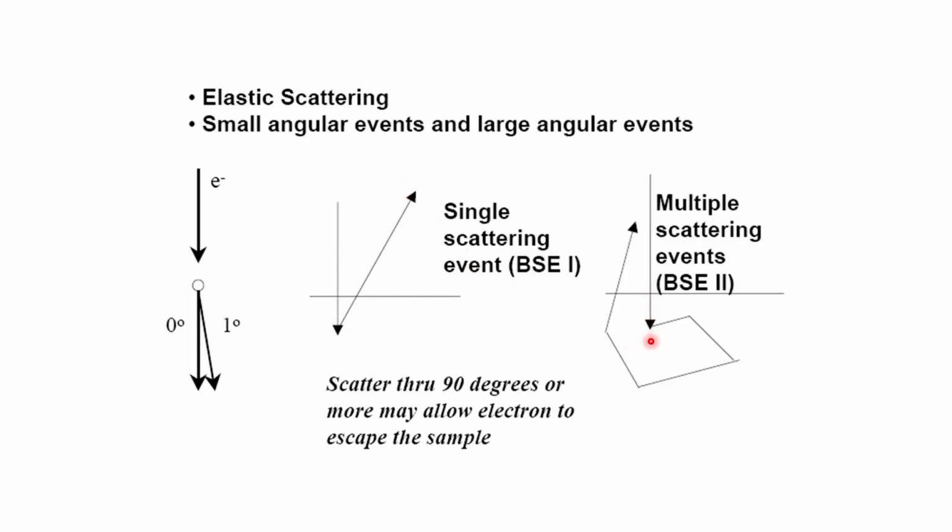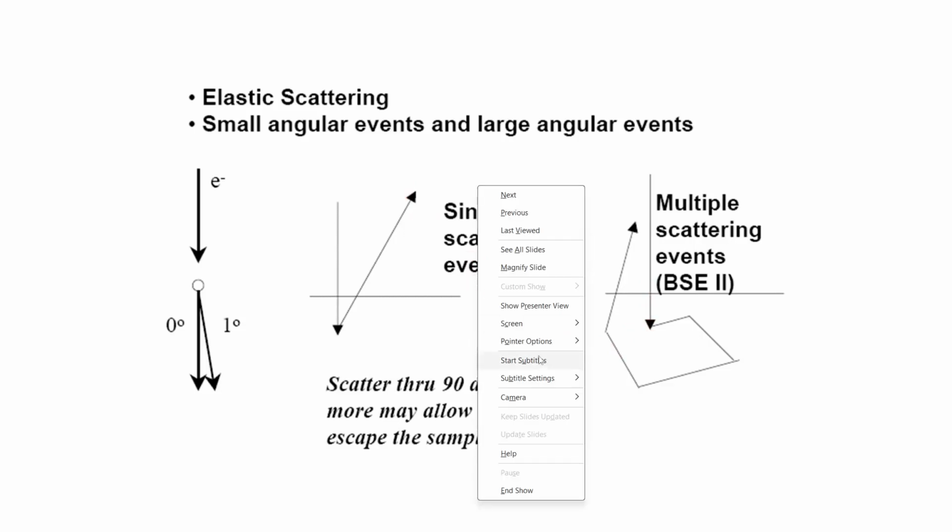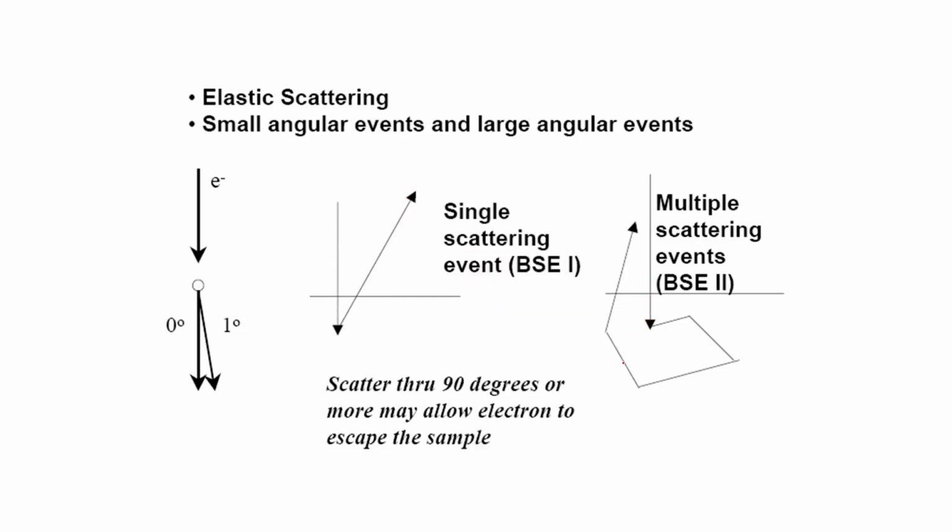Whereas if there is multiple scattering, the beam comes in like this, firstly interacts at this point, and then gets reflected in this direction, it will have multiple interactions with the specimen and then come out to the detector. It has undergone multiple scatterings in the specimen itself, and that will be known as backscattered electron 2.